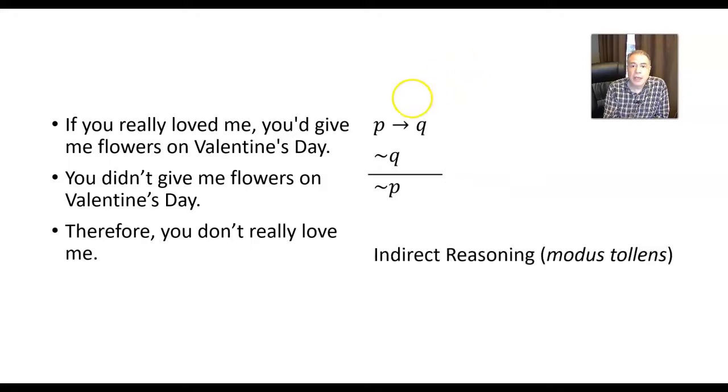This is indirect reasoning or modus tollens, or reasoning by contrapositive, and it is valid. So if you agree with the premises, you have to agree with the conclusion. If the premises are true, and I'm not saying they are, but if they are, the conclusion must also be true.